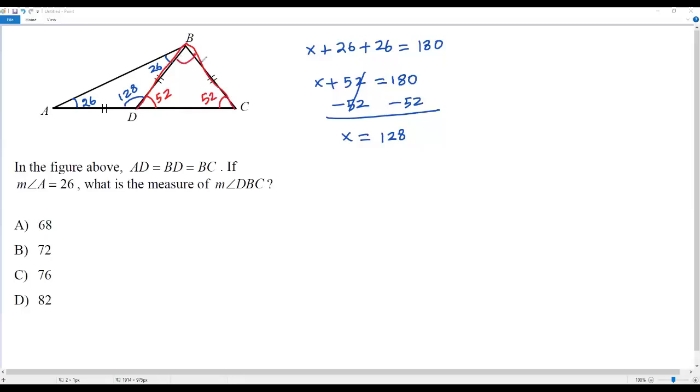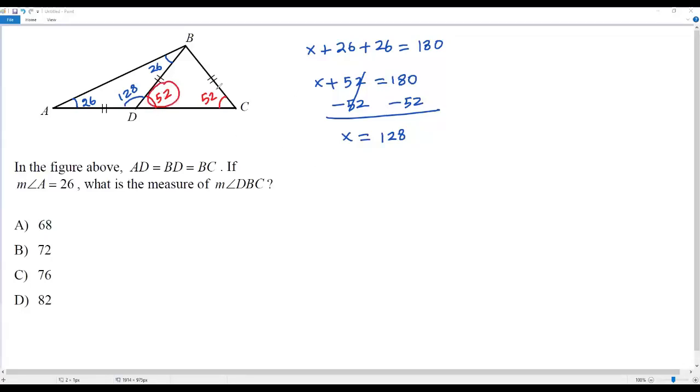Okay, but our target is to get the measure of angle DBC, that is, this interior angle measure has to be found. When I add the three interior angle measures of the triangle DBC, it must be equal to 180 degrees, because in any triangle the three interior angle measures will always add up to 180. Now let me add the three interior angle measures of the triangle DBC.